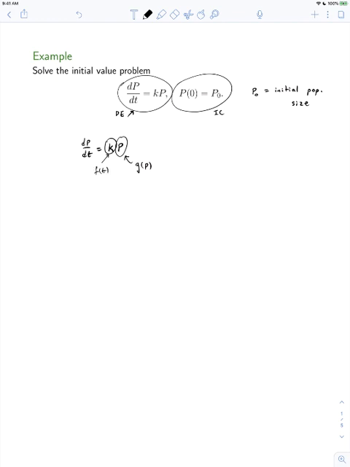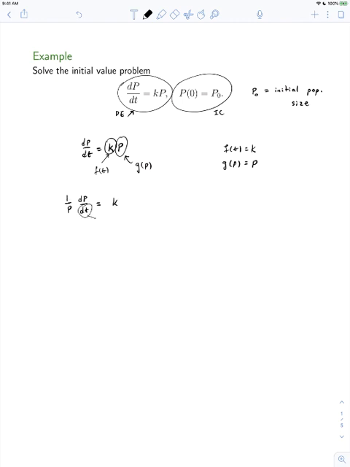It's a constant function, so f(t) is equal to k, and g(P) is equal to P. However you look at it, this is a separable differential equation, so we can solve it using the technique that we've discussed before.